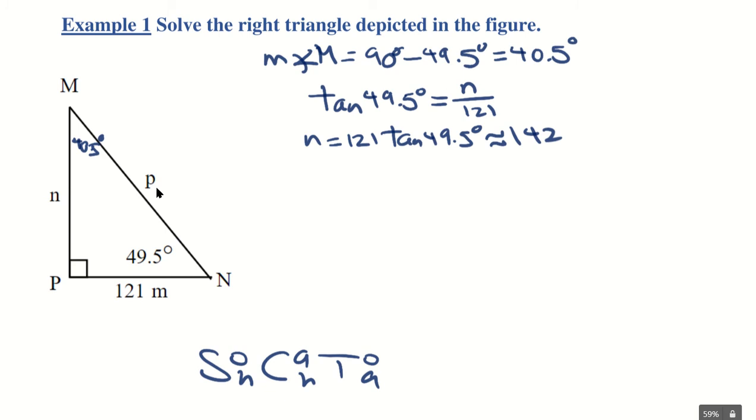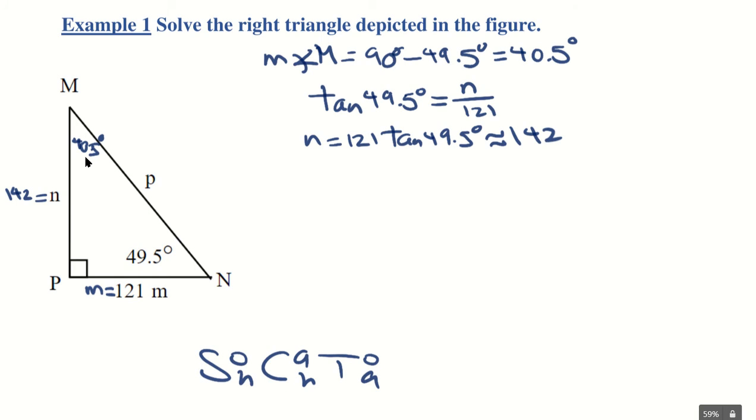Now we have options at this point. Given that I now know n is 142 and this side, which is lowercase m, right, is 121 meters, what I could do is I could use the Pythagorean theorem now to try to find P. Or I could use the sine again for 40.5.